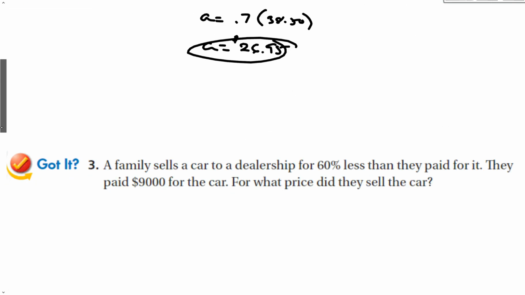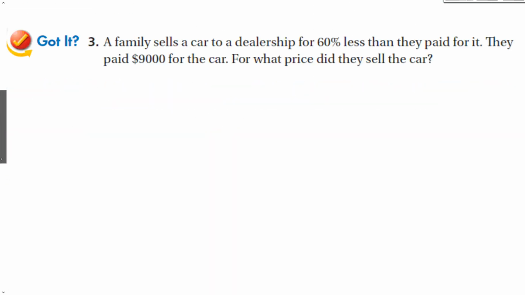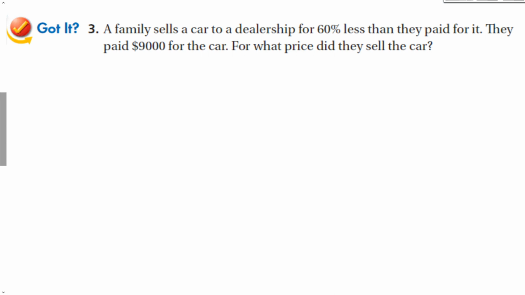Okay? Let's try a got it problem. A family sells a car to a dealership for 60% less than they paid for it. They paid $9,000 for the car. Okay?